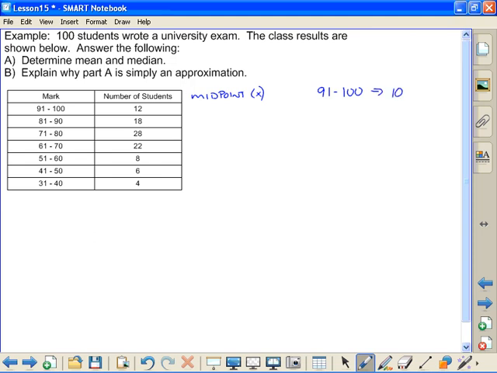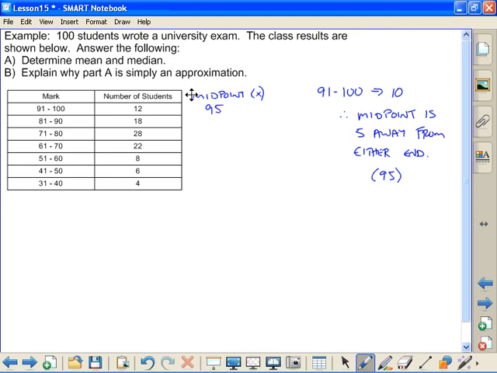That means we need to go halfway to find the midpoint, which is 5 away from either end. So 91, 92, 93, 94, 95 would be the first midpoint.